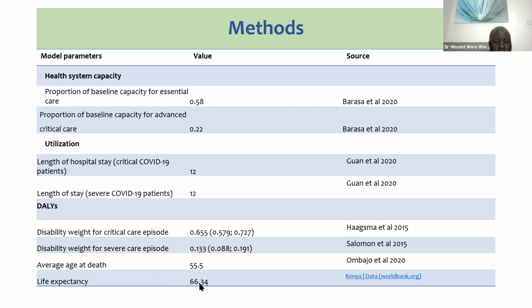So they are dying before their life expectancy. If you have an intervention that can avert death so that people die closer to life expectancy, then that intervention might be considered more effective.